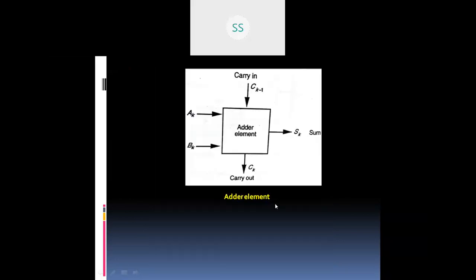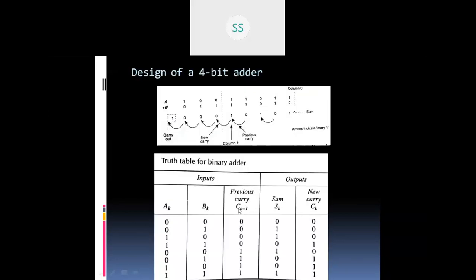After preparing these columns, we will go on giving the various conditions. Whenever AK, BK are 0, 0 and previous carry is 0, sum is 0 and the new carry value is also 0. Maybe in digital circuits you might have filled up such tables. Then again, when AK and BK bits are 0, 1, 0, 1 with the previous carry 0.